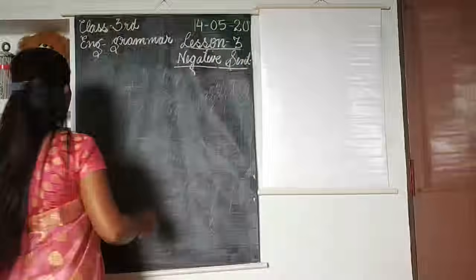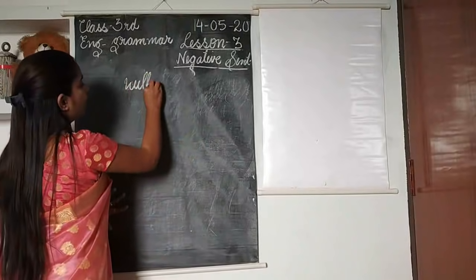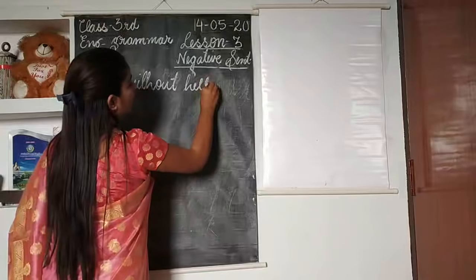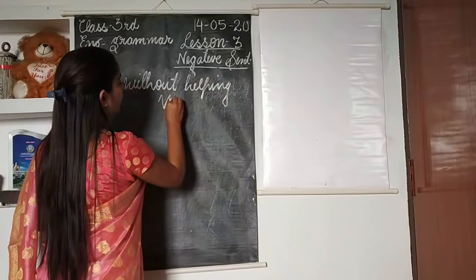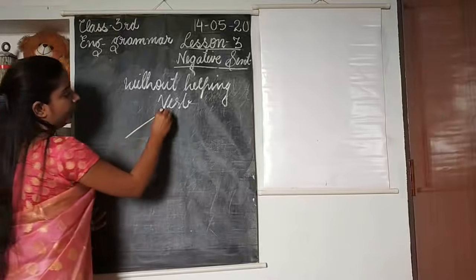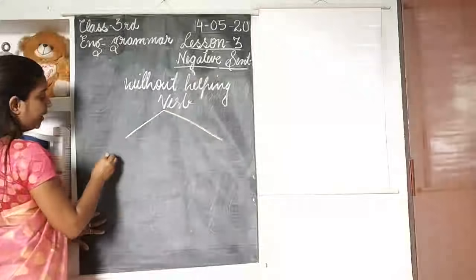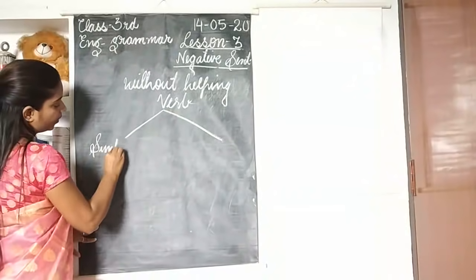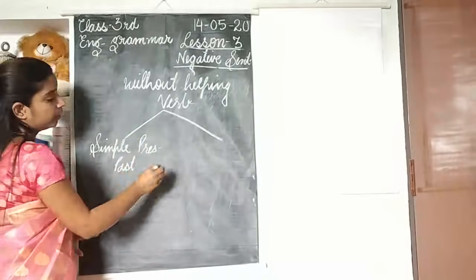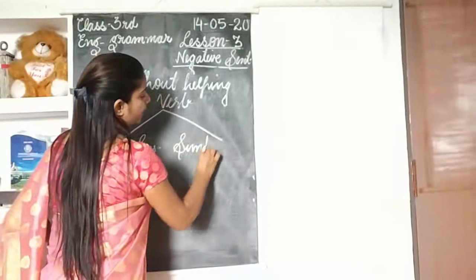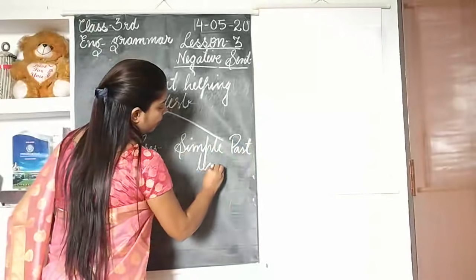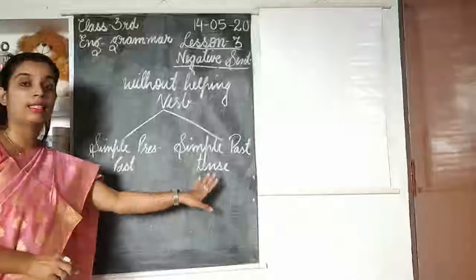Now see children, here also you need to categorize such sentences into two. If a sentence does not have a helping verb in it, then first you will identify whether that sentence is in simple present tense or simple past tense.